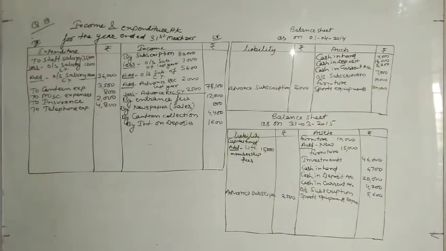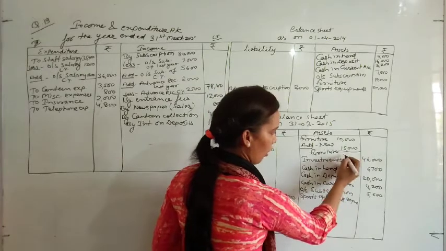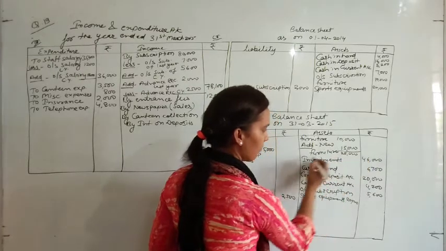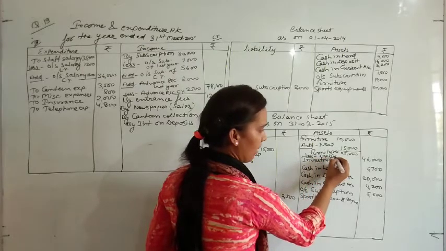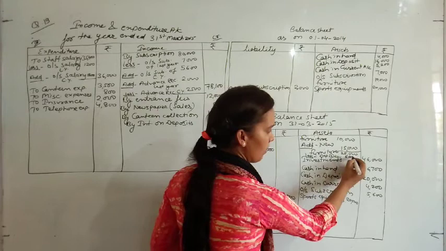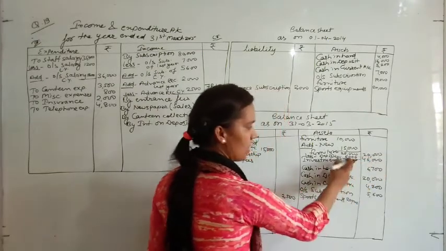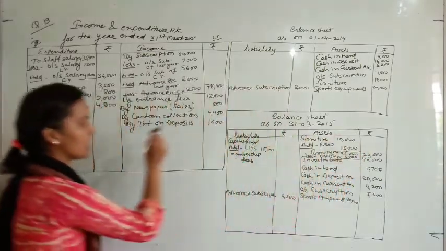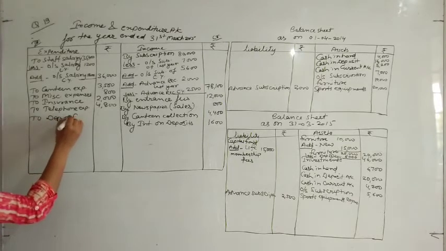Now the last information is here, depreciate furniture by 20% and sports equipments by 30%. We have to put the depreciation on furniture at 20%. So our total furniture is 25,000, less depreciation at the rate of 20% means 5,000. So the net amount of furniture is 20,000, and this 5,000 rupees depreciation will also be transferred to the income and expenditure account, depreciation on furniture.